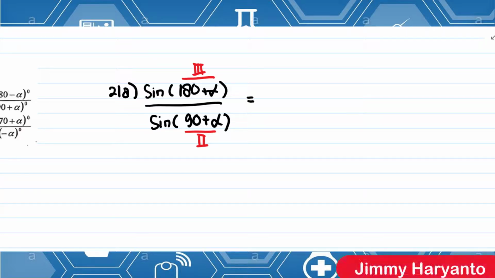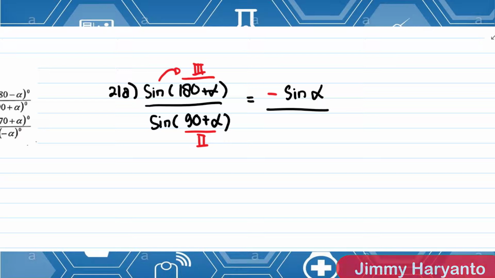In quadrant 3, sine is negative, so I will write negative first, and then the benchmark is normal, so the sign will not change, it's still sine, and then I can remove the 180 and leave the alpha with sine. Over for the second one, it's in quadrant 2.